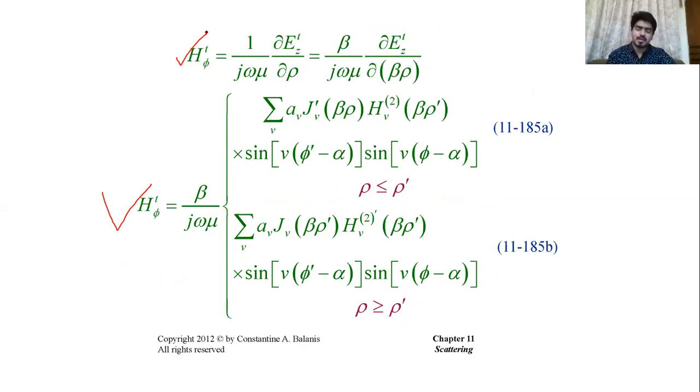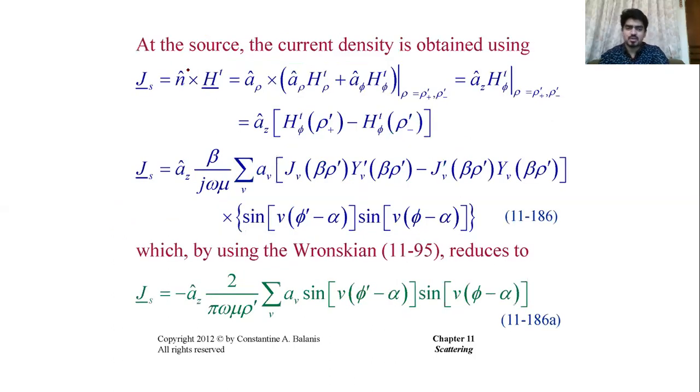Using this H phi component, we will find the surface current density at the location of your line source, that is when rho equals rho prime minus and rho equals rho prime plus. So we have Js equals n cross H total. Now H total has two components, rho and phi.